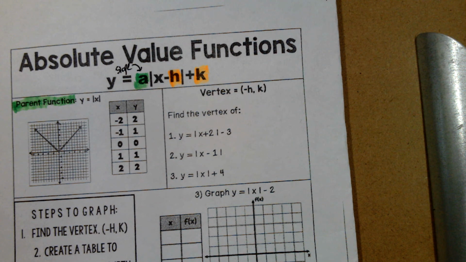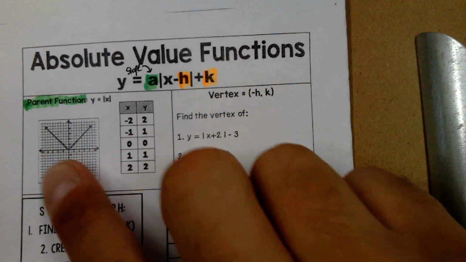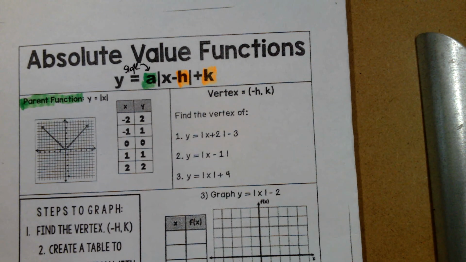They generate all the other functions that are absolute values. This is the most basic one. We just add to it. And then we can basically locate our function anywhere we want on the coordinate plane, opening up or down, and then also the steepness. Okay?